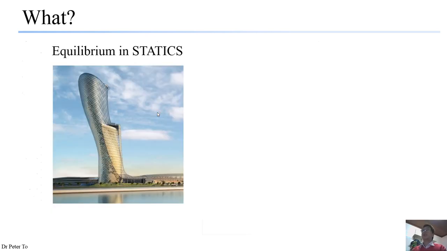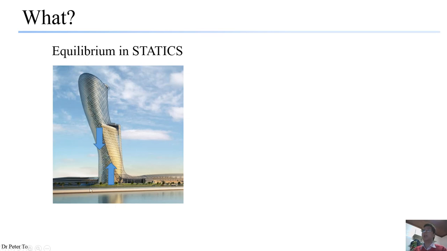The next question is what we are going to study in EG1011. EG1011 consists of statics and dynamics. In statics, we study the equilibrium of objects. For example, if we have a building, the load of the building must be supported by the reaction from the foundations.